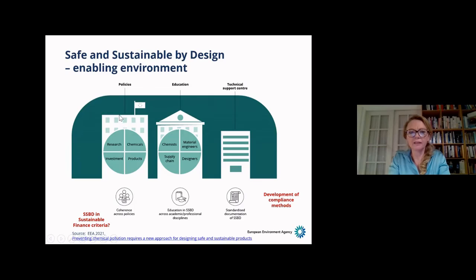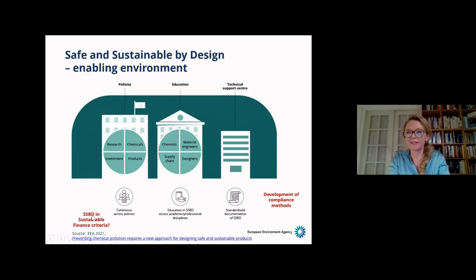Here, the policies have already been mentioned: the research policies such as the public-private initiatives and the public-public initiatives like the PARC. Chemicals policies, setting guidance for which substances to avoid. We need the product policies such as the Sustainable Products Initiative, and also investments such as sustainable finance criteria.